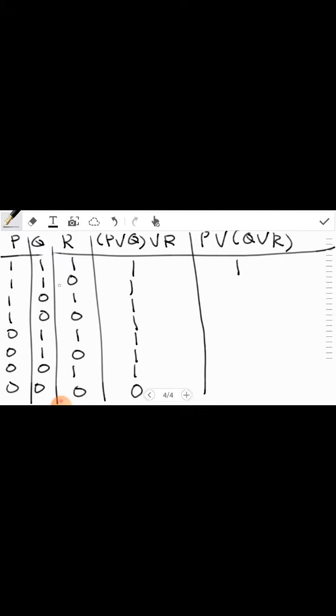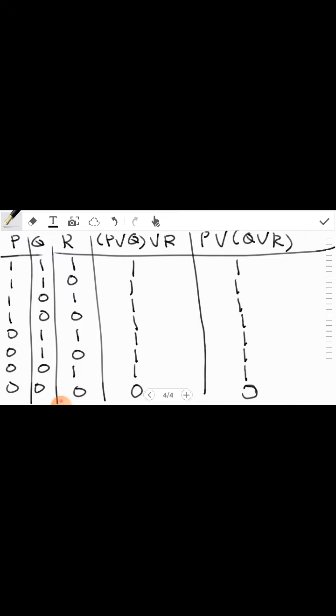Q or R, that's 1. 1 or 1, 1. 0 or 1, 1. 1 or 1, 1. 0 or 0, 0. 1 or 0, 1. 1 or 1, 1. 0 or 1, 1. 1 or 0, 1. 0 or 1, 1. 0 or 1 is 1. 0 or 1 is 1. 0 or 0 is 0. 0 or 0 is 0 or false.